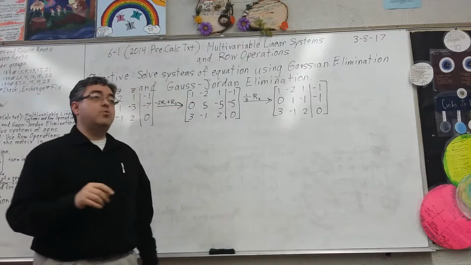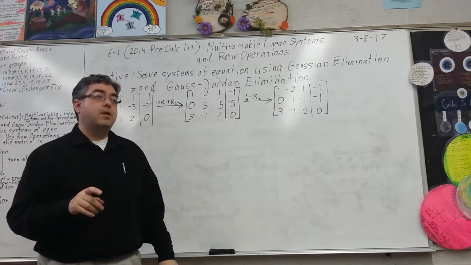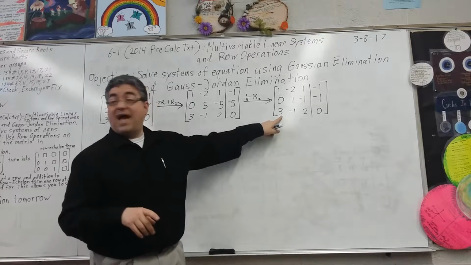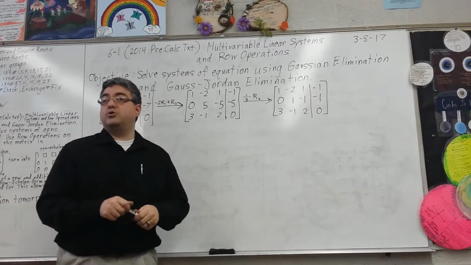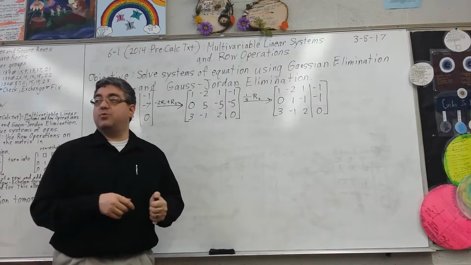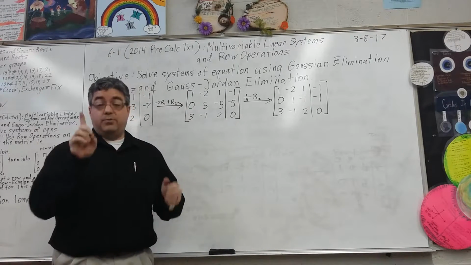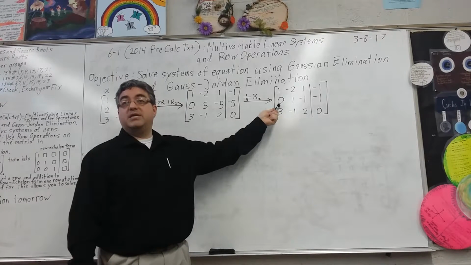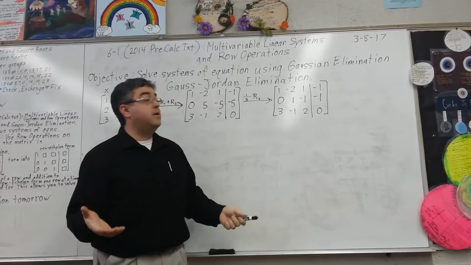If I use row 2, will I ever be able to produce 0 here? How? What can I multiply row 2 by and then add it to row 3? Right, you can't, because I'm going to be multiplying by 0, but I need -3.